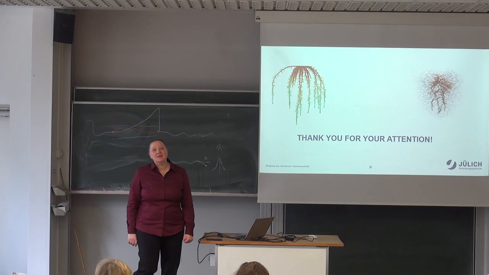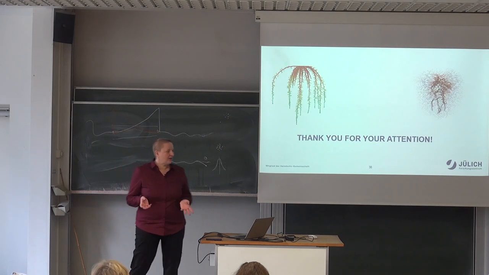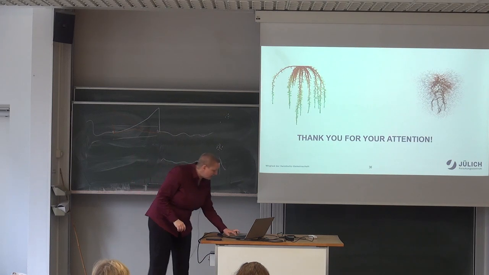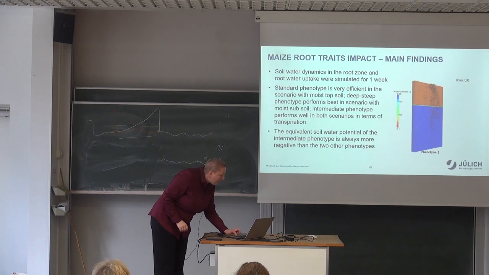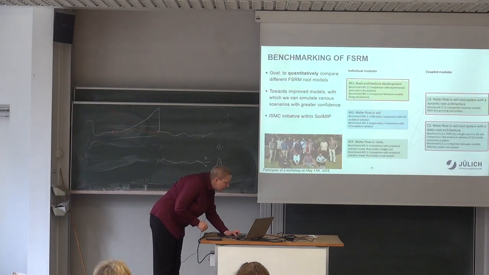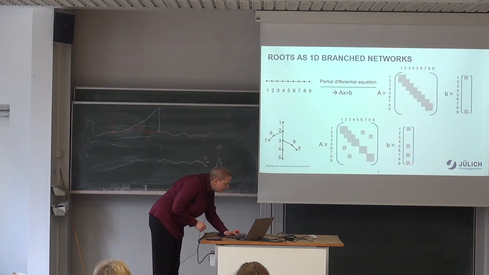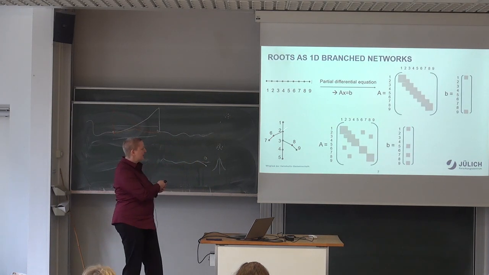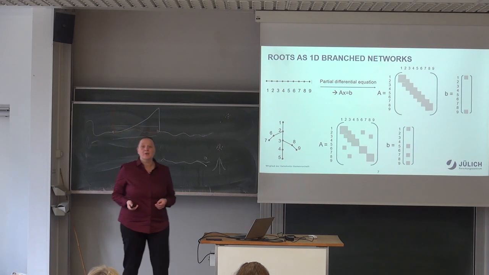Of course. Yeah, so I showed you these connected line segments quite early in my talk. But if you remember them, or maybe I should quickly go back. So this is basically how we, in a model, envision the root. And each of these segments here can have attributes.